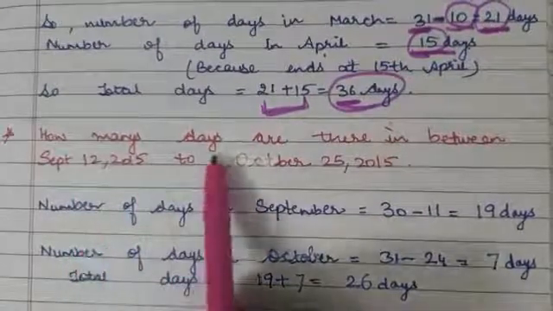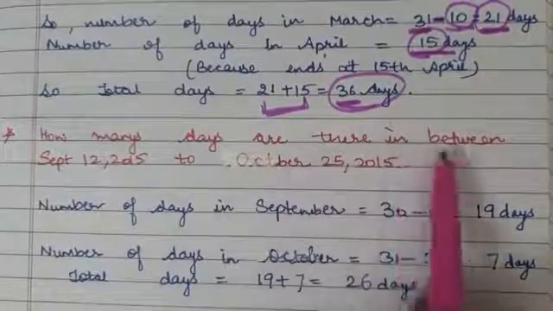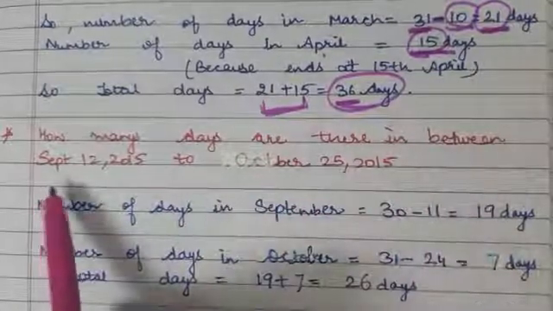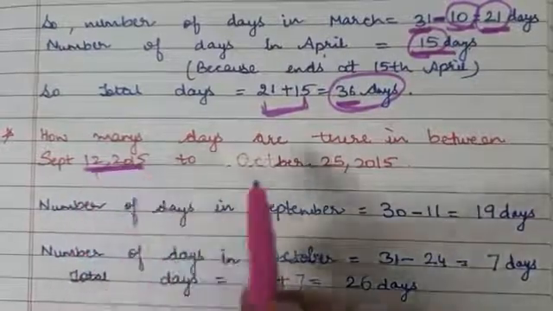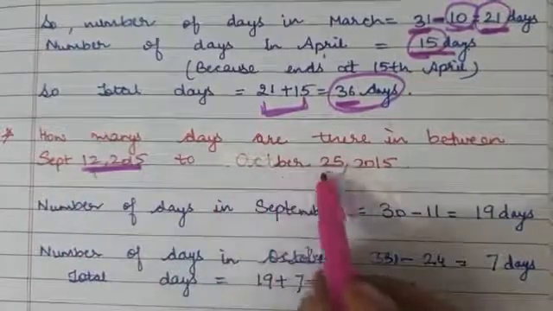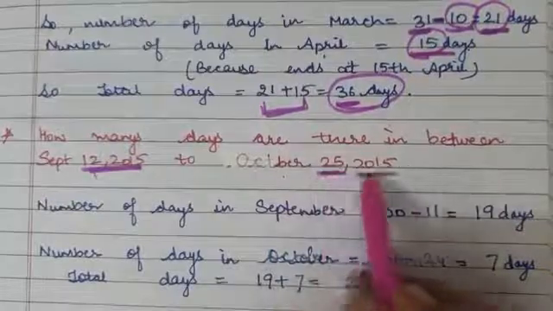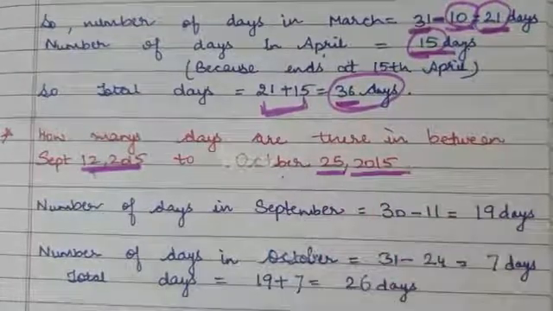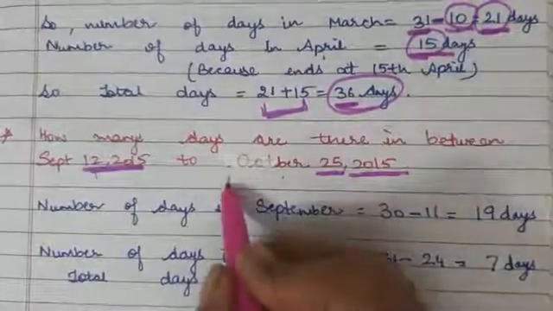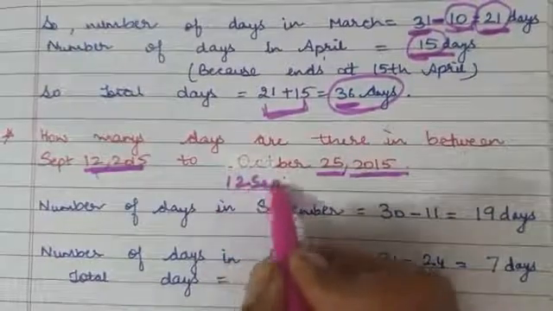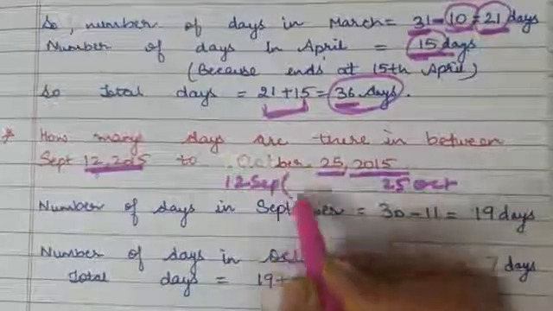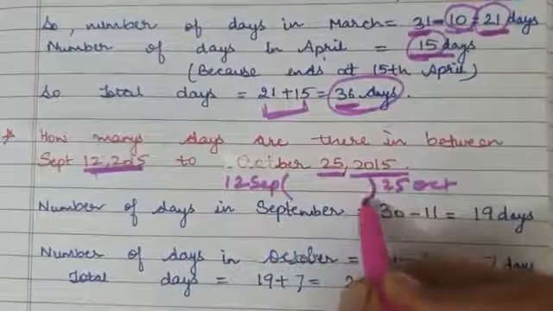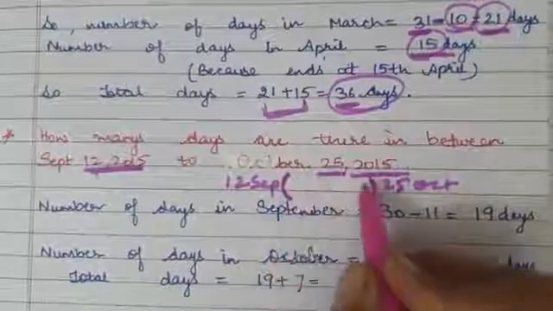How many days are there in between September 12, 2015 to October 25, 2015? Now see, 12 September and 25 October, you have to tell the number of days in between.